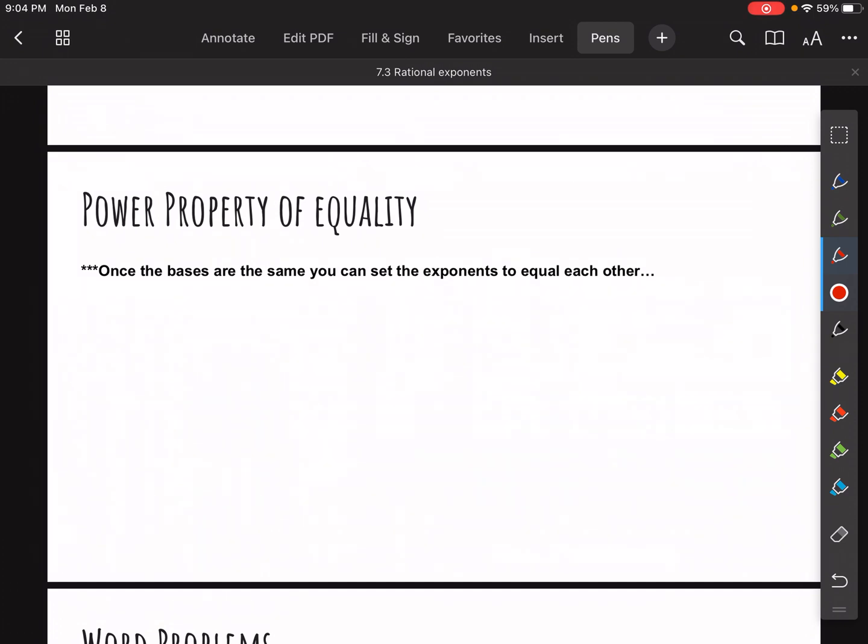Okay, so what that looks like is, say for instance I have, let's see, what could an easy one be? What if I had something like 5 to the x is equal to 5 to the third? That's an example that's in the book.